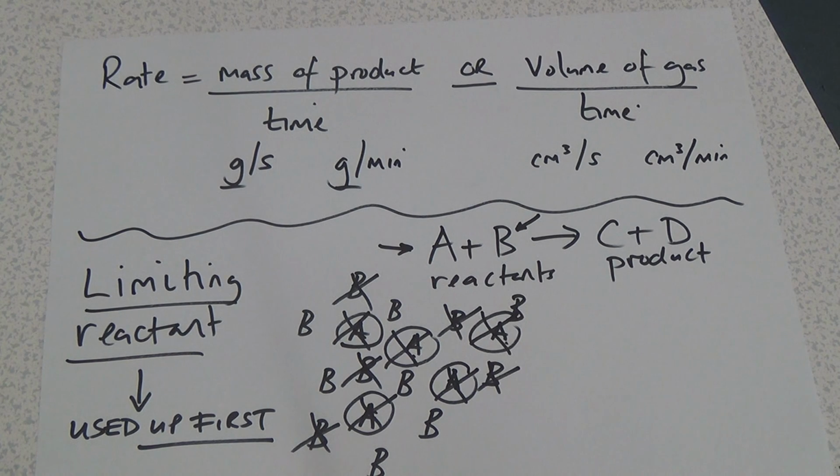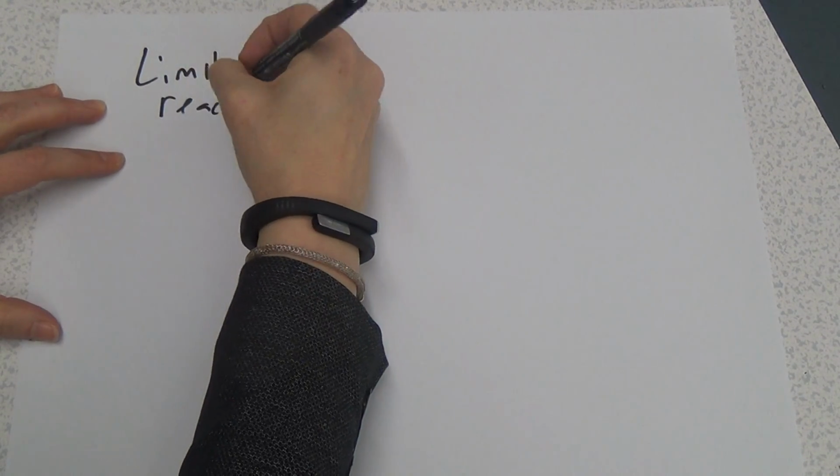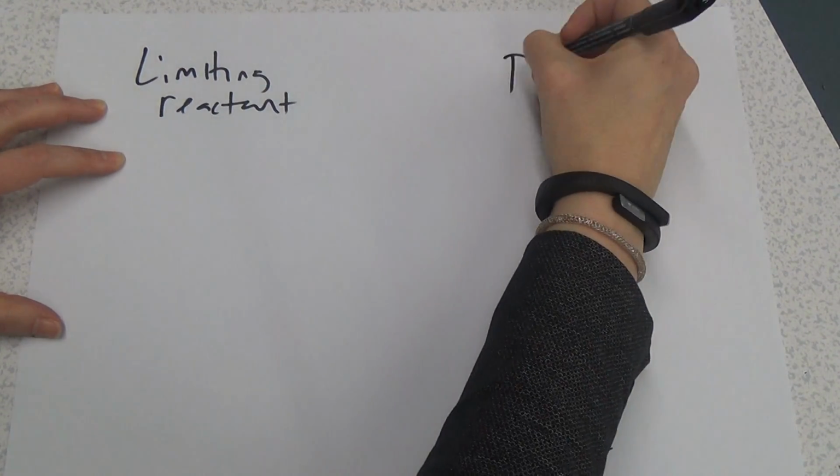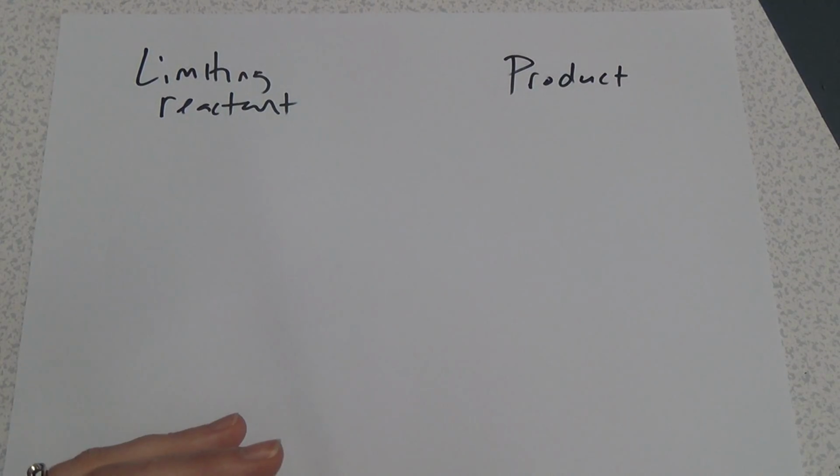Now, there's a lot of relationships in science that you can look at. And one of those relationships is how the amount of product that's produced is actually influenced by the amount of limiting reactant. So we're looking at something called a directly proportional relationship. In the case of a directly proportional relationship, we are looking at how the amount of products is affected by the amount of limiting reactant.